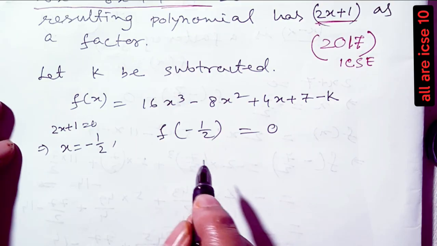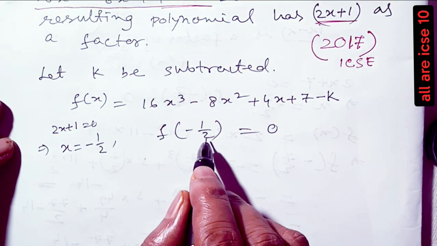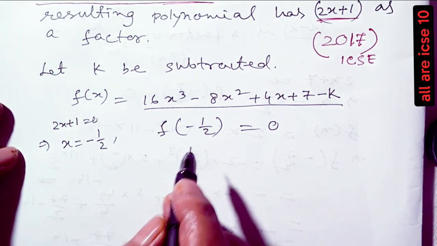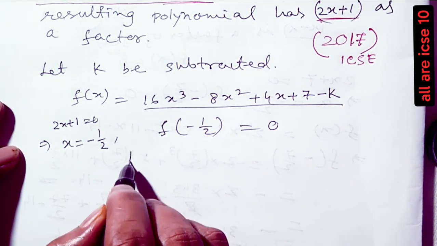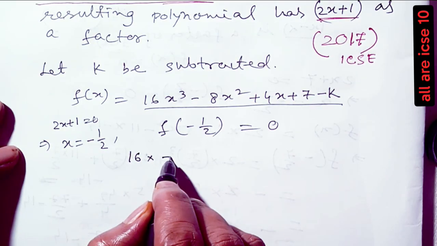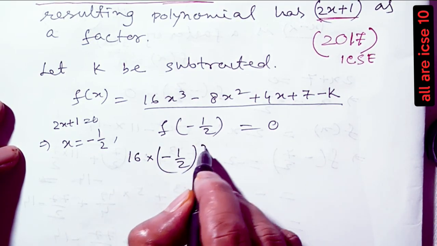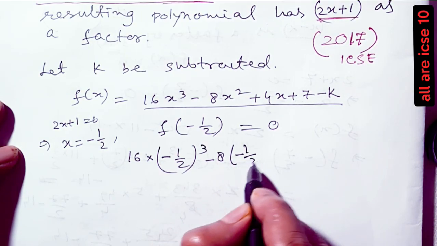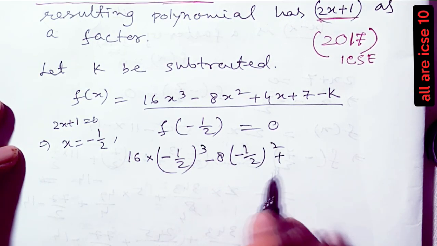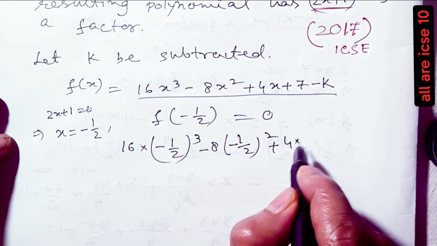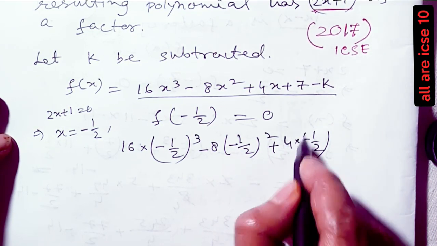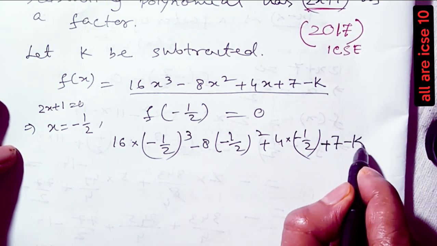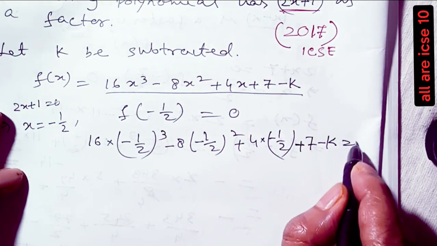Now we put x equal to minus 1 by 2 in our given polynomial: 16 times minus 1 by 2 cube, minus 8 times minus 1 by 2 square, plus 4 times minus 1 by 2, plus 7 minus k. This will be 0.